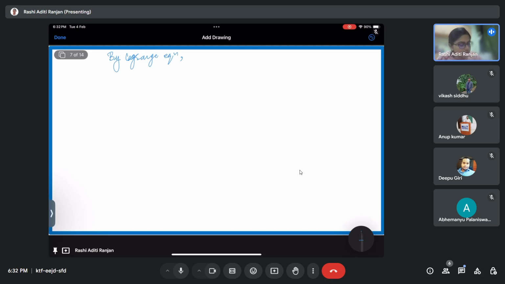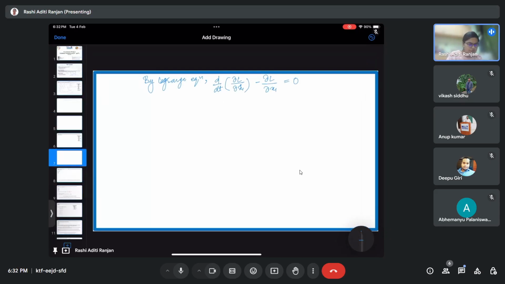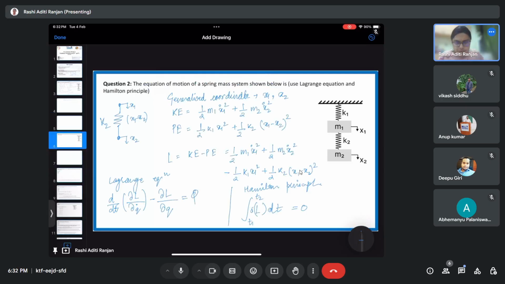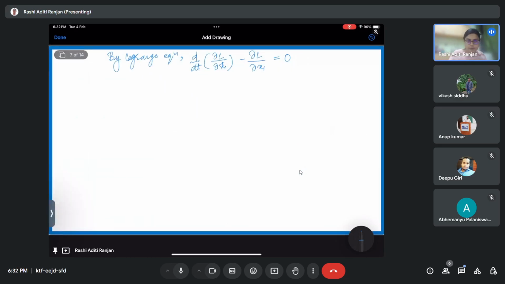My first equation will be d by dt, partial differential of L with respect to x1 dot, minus partial differentiation of L with respect to x1, is equal to 0, because as you can see in the equation, we have no generalized force over here. We don't have any generalized force. So this will be equal to 0.